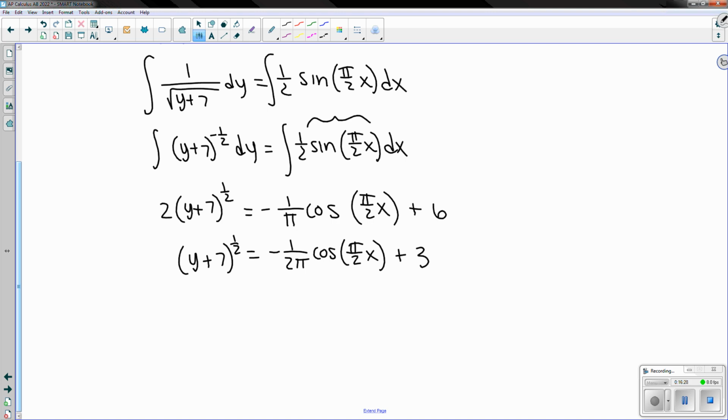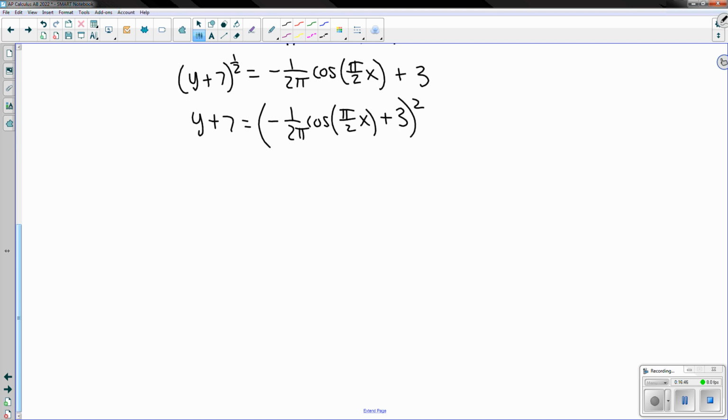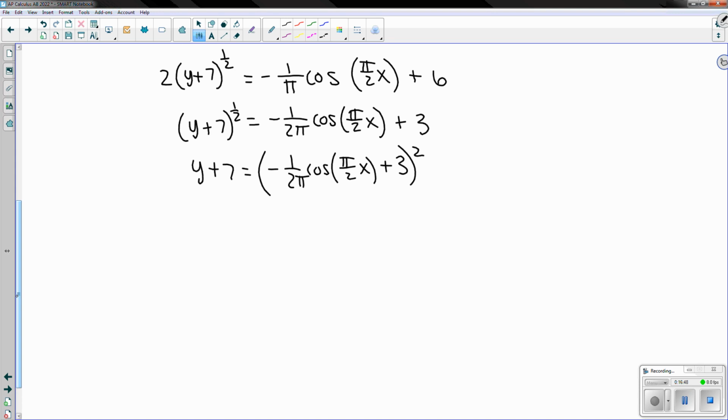Then we have to square both sides to get rid of that exponent. So y plus 7 is equal to, and all we're going to do is square both sides. If we wanted to simplify this, it would require a double distribution expansion of that binomial, but we don't need to do that. So it's an unnecessary step and causes a lot of room for error. So all we're going to do is show that that whole side needs to be squared.